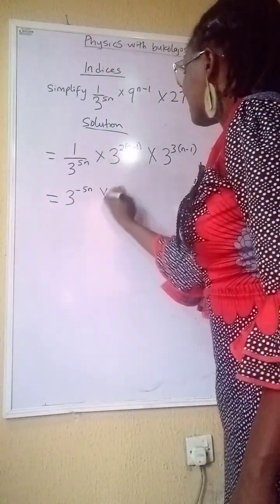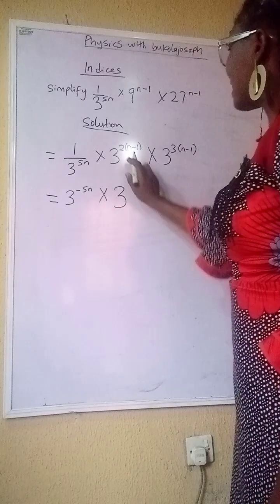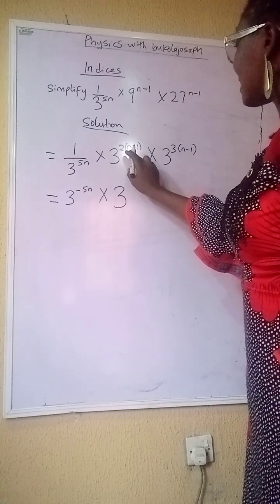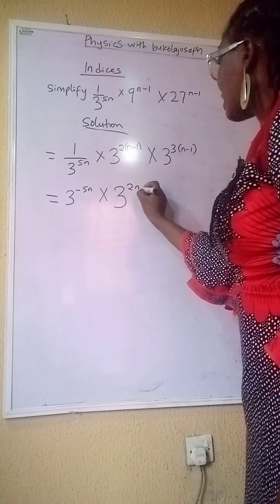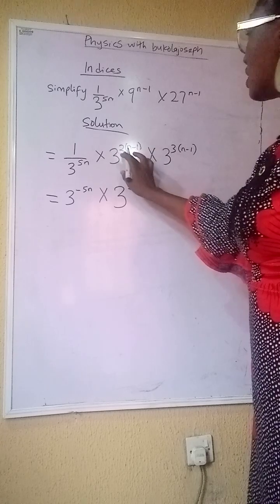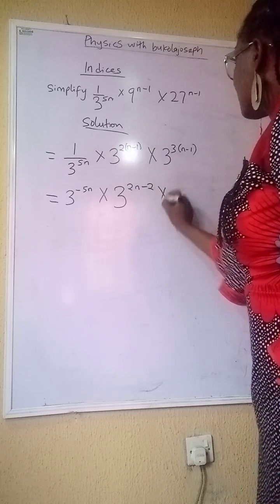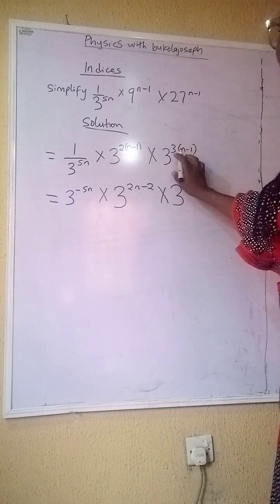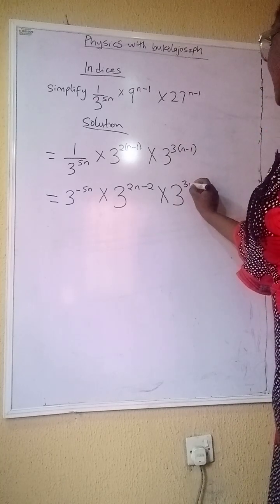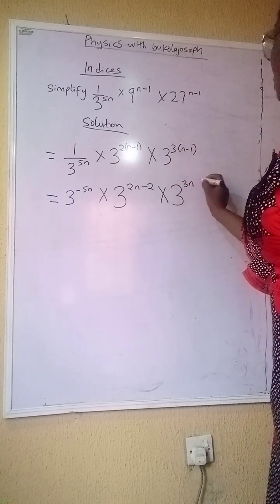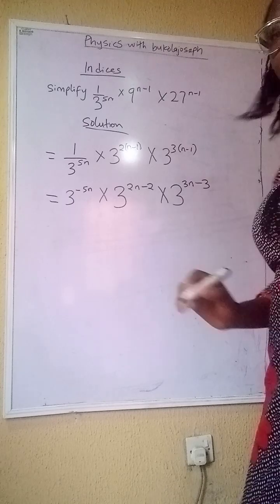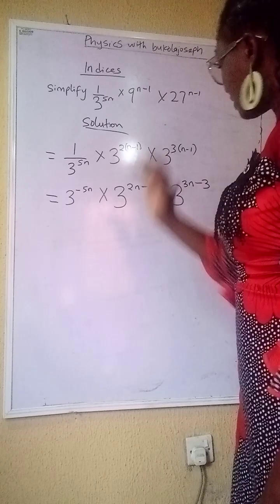So we have times 3 raised to power 2 times n, which gives 2n, as we open the bracket of this power. Then 2 times minus 1 is minus 2. Times 3 raised to power 3 times n, which is 3n, and 3 times minus 1 is minus 3. Is that okay? Let's further simplify.